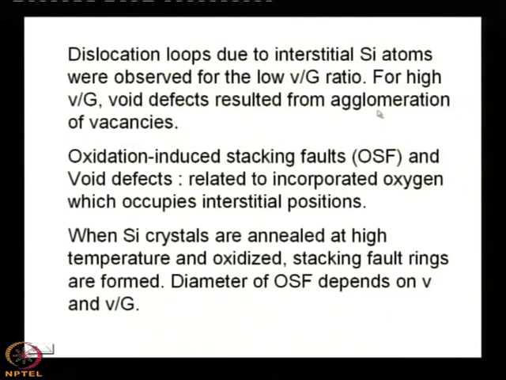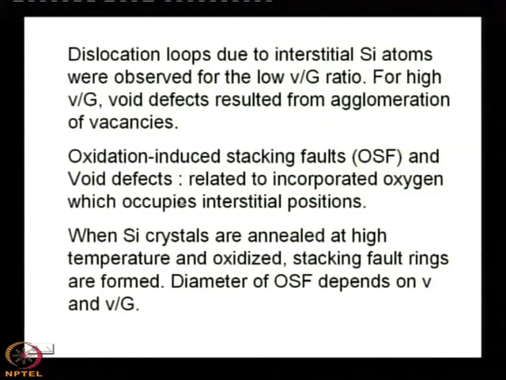All the vacancies will agglomerate and a void will be created in the crystal itself. A void is dead space basically. Inside there is nothing, no atom inside the crystal matrix for a particular orientation, for a particular position. So, that part will also not be useful for the growth of any device.